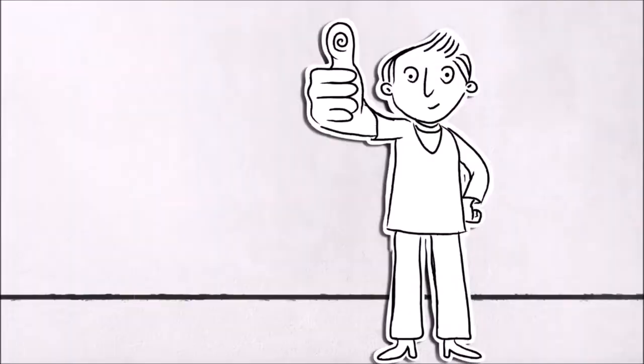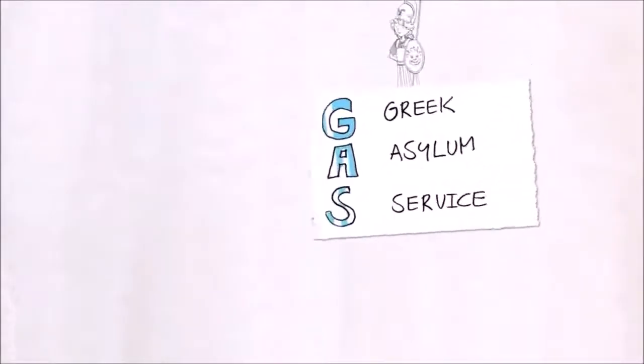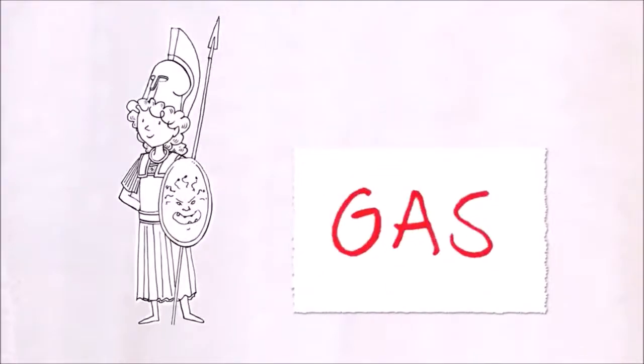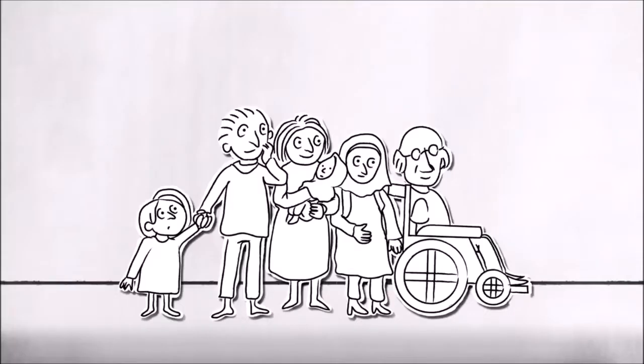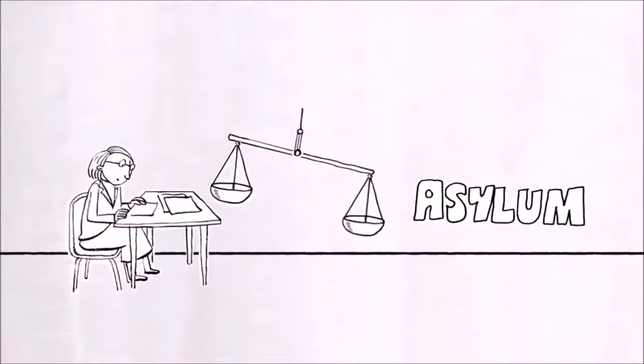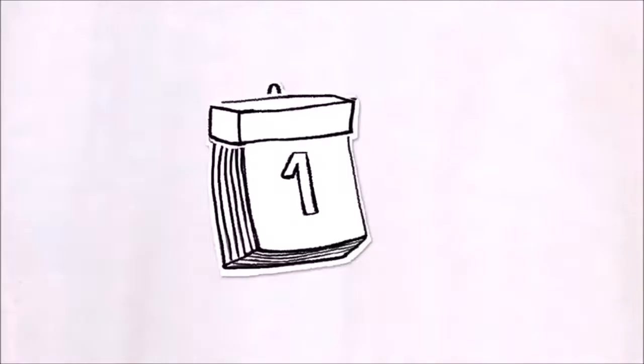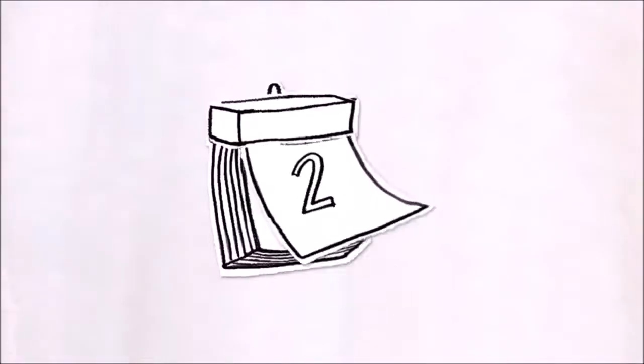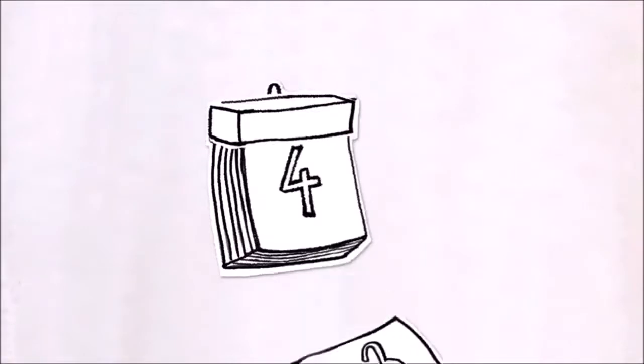You will give your fingerprints, if you didn't already give them during pre-registration. Children under 14 years of age are not fingerprinted. The Asylum Service will determine if your application is for family reunification or asylum in Greece. The Asylum Service will not make a final decision on your case at this appointment.